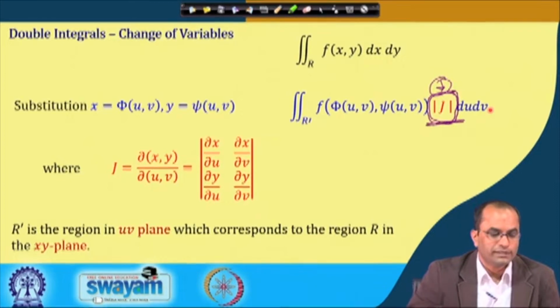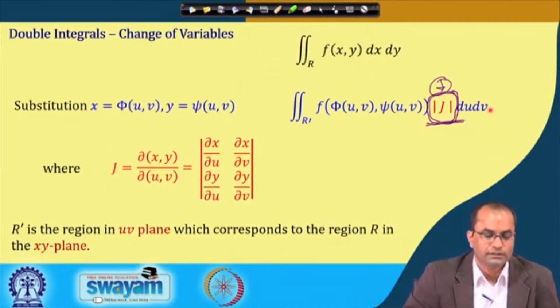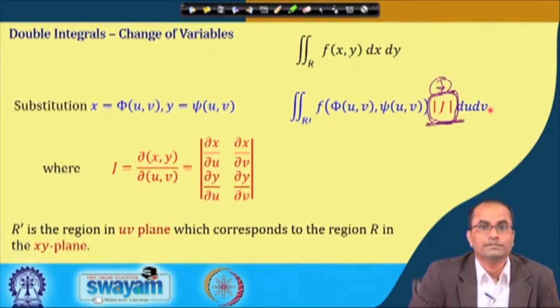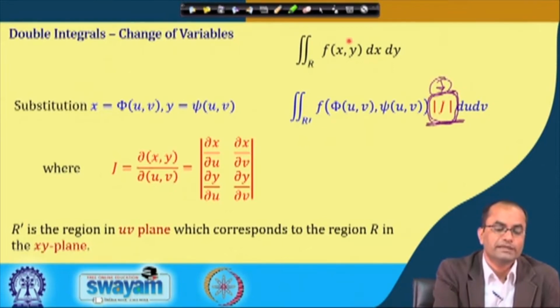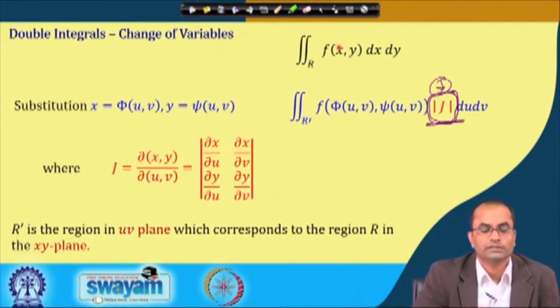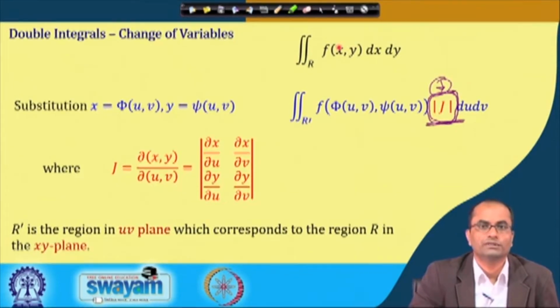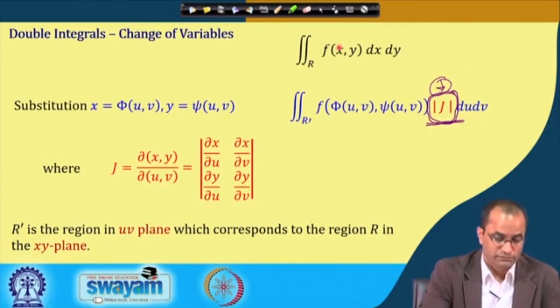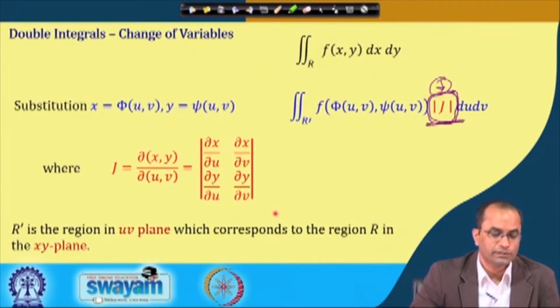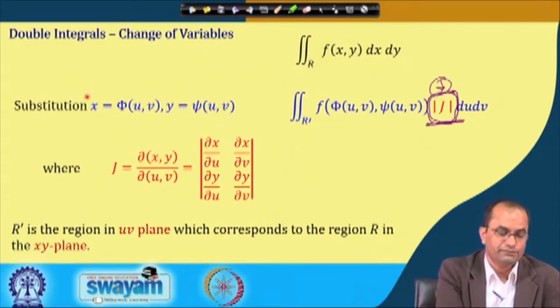With this we can substitute the old variables x y by some suitable ones, because depending on the integrand or the region R, we may have some other suitable substitution which makes the integral evaluation easier.